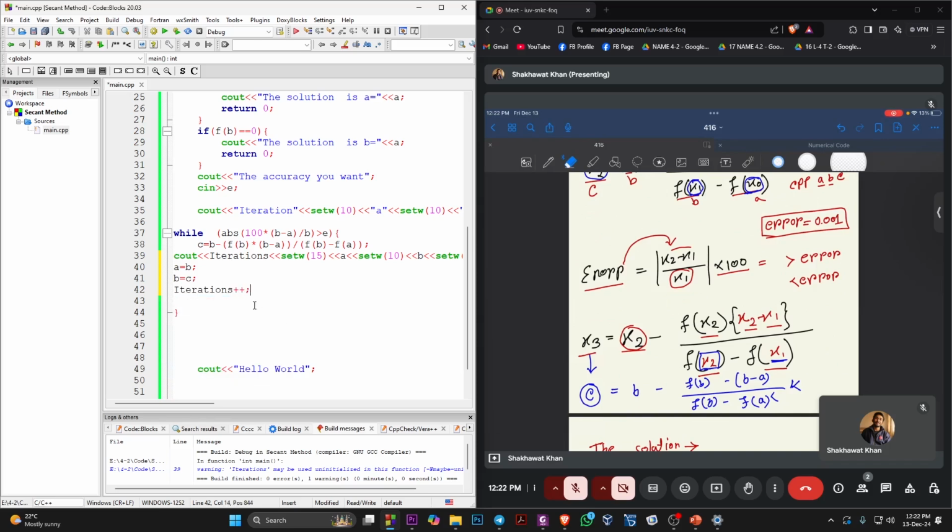Okay, so this case will happen again and again, and we will find some new C values for every iteration, as we have swapped the value of B into A and the value of C into B.